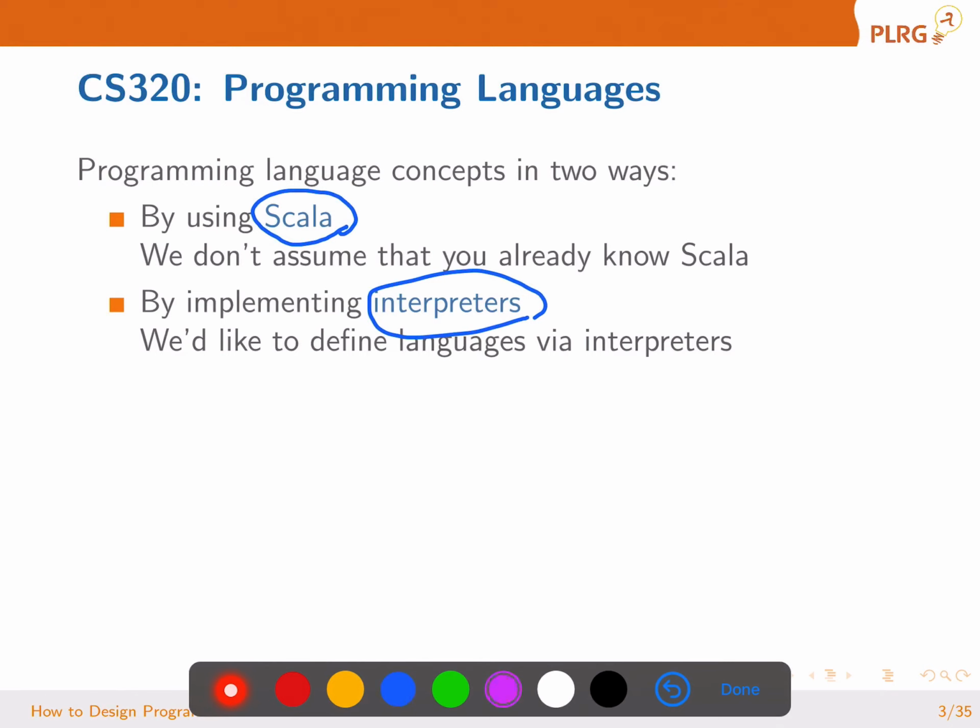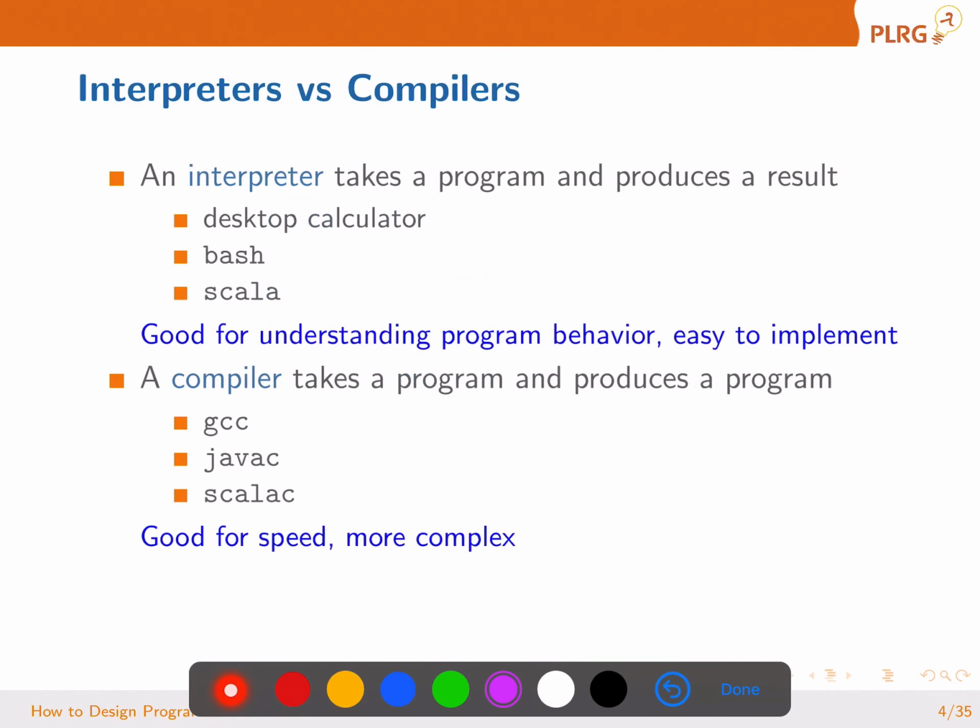In this course, we'd like to define several very simple languages, but touch on important concepts in programming languages by implementing interpreters. What does that mean? You're going to see that over the lectures. And you are supposed to implement interpreters in Scala.